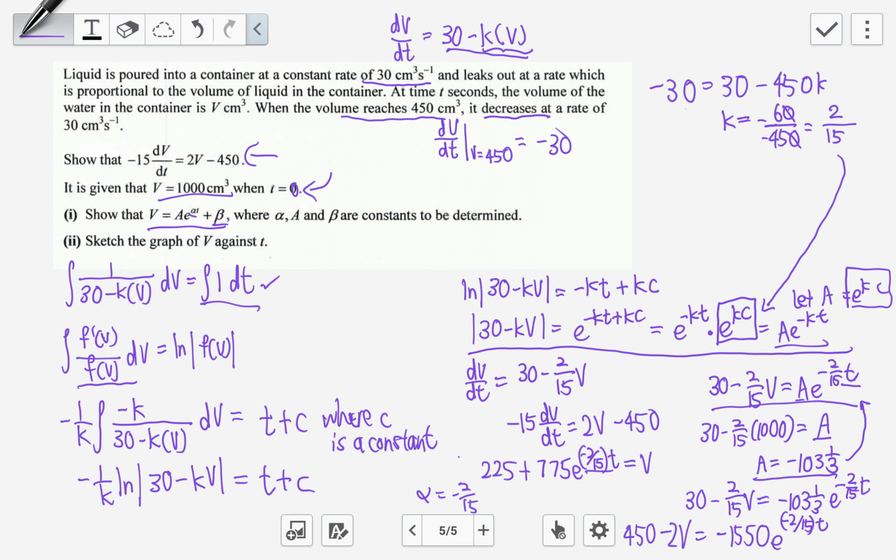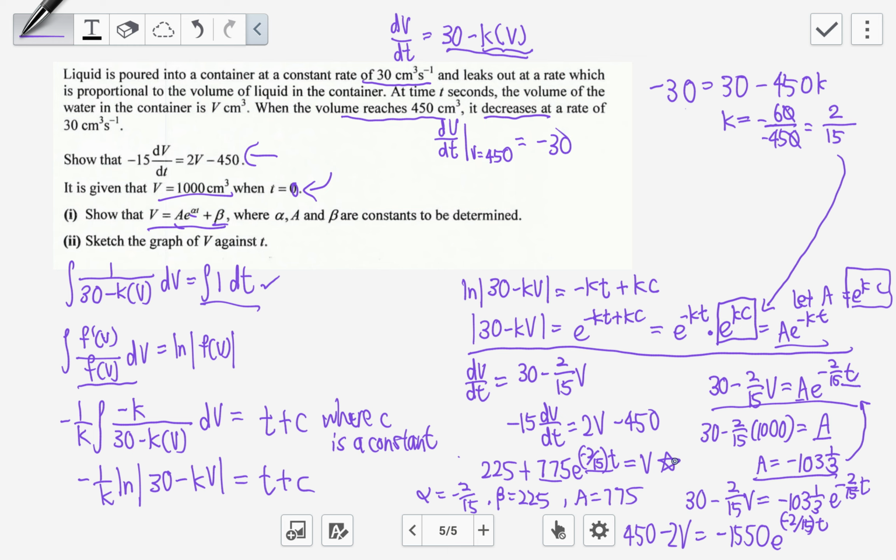Beta equals 225, and A here compared to here equals 775, and that's my equation. And then we sketch the graph of V against T.